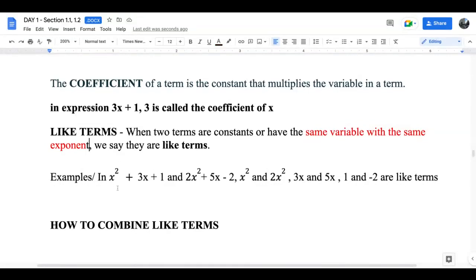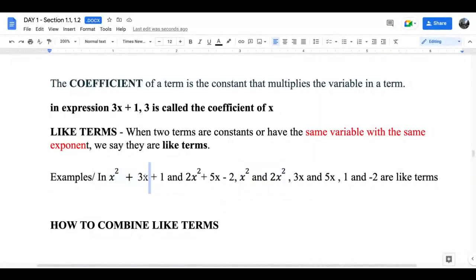So let's see examples. If we have this trinomial, which means 3 terms, a quadratic expression, and we have another trinomial or quadratic expression. So what are like terms? We see this one is x squared, this one is also x squared, so the variable is the same, x, and the exponent is the same, so those two are like terms. So x squared and 2x squared are like terms.